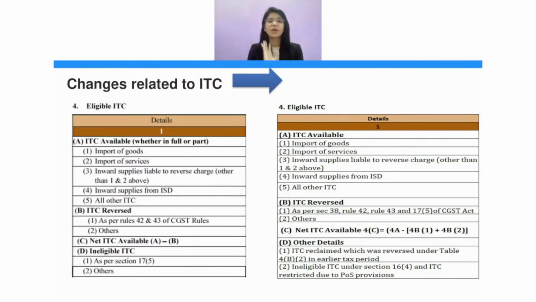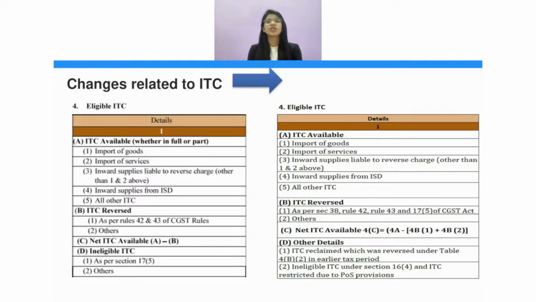But here, assuming now it is matching, let me ask you another important question. Assuming this supplier was not compliant. You had purchased something from your supplier. Same thing, motor vehicle. When you purchased the motor vehicle, this supplier was not compliant at all. This was an ineligible ITC which is coming in your books of accounts when you have recorded this transaction.